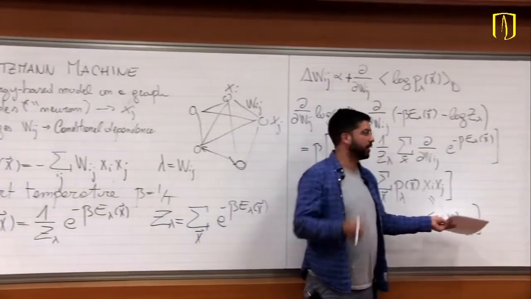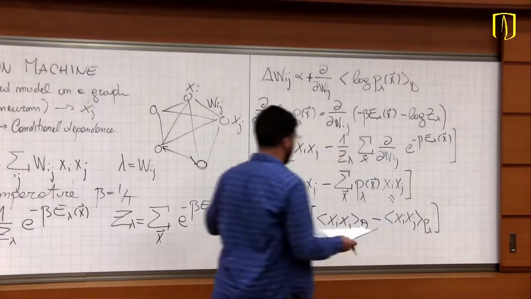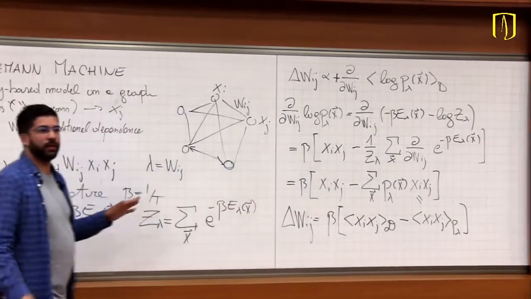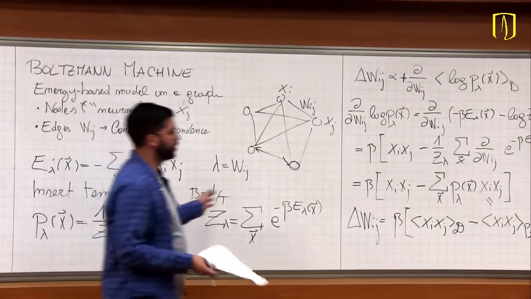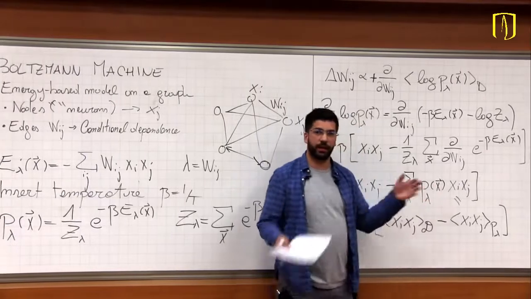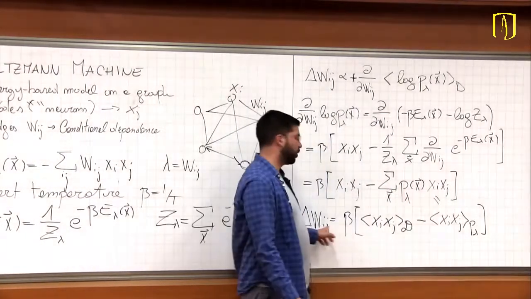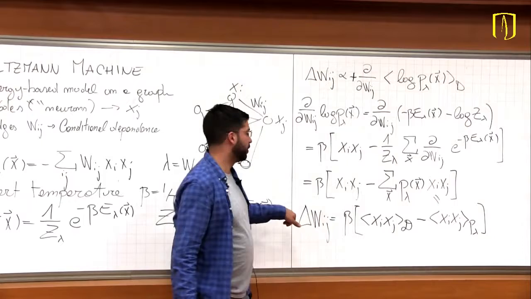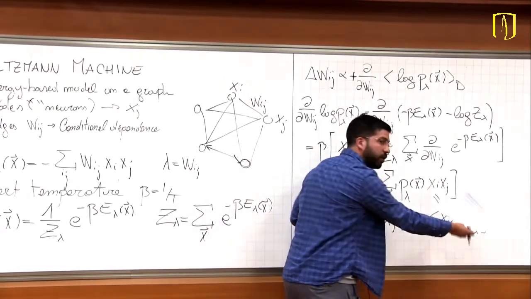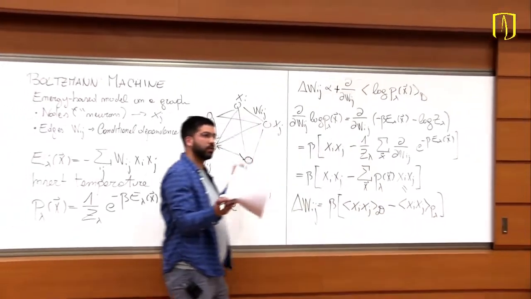Essentially, it tries to remove all the spurious features that are introduced by some incorrect knowledge in your model. And you can see that when these two terms are exactly the same, you don't get any change in the gradients. So essentially the correlation that your model generates matches the one in the data, so you win.